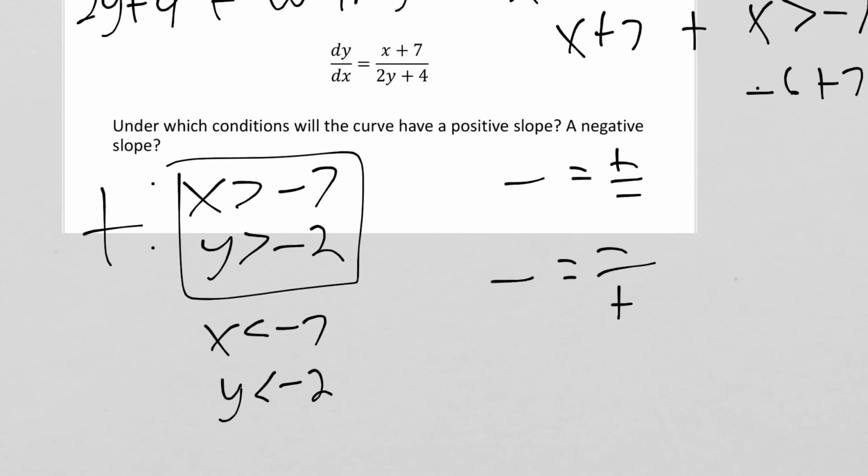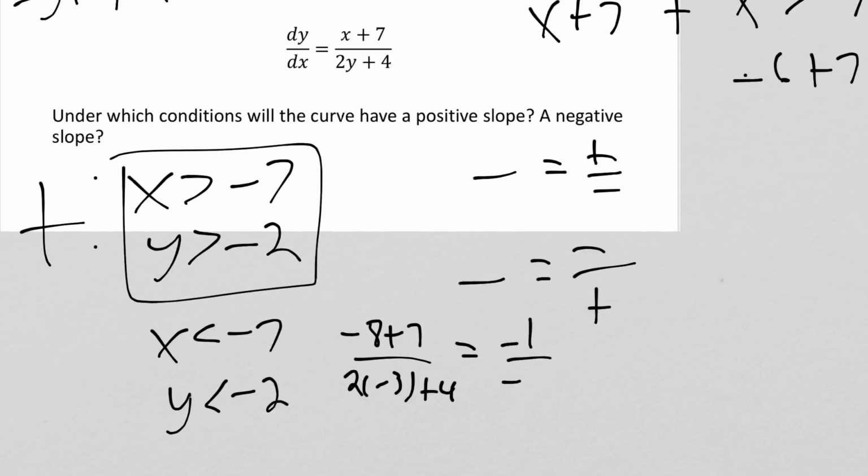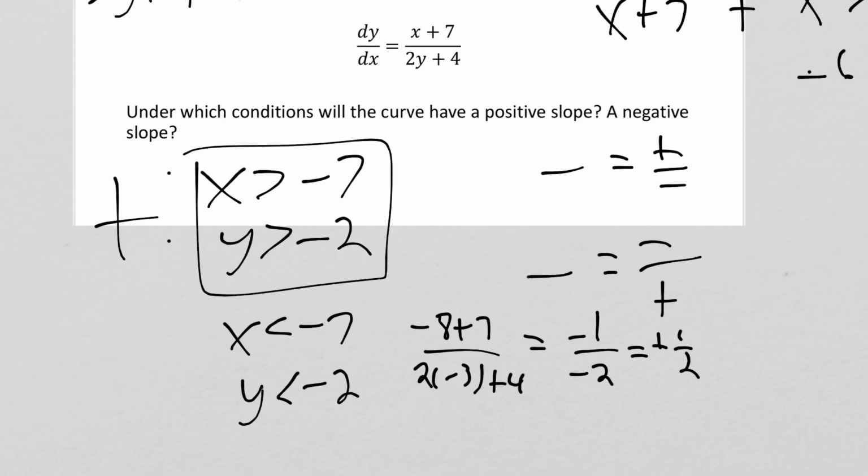For example, we could try to plug in x equals negative 8 and y equals negative 3. We would get negative 8 plus 7 over negative 2 times negative 3 plus 4. And what is that going to be? It's going to be negative 1 over negative 2, which is positive 1/2, right? So this is another possibility for generating a positive slope when x is less than negative 7 and y is less than negative 2.